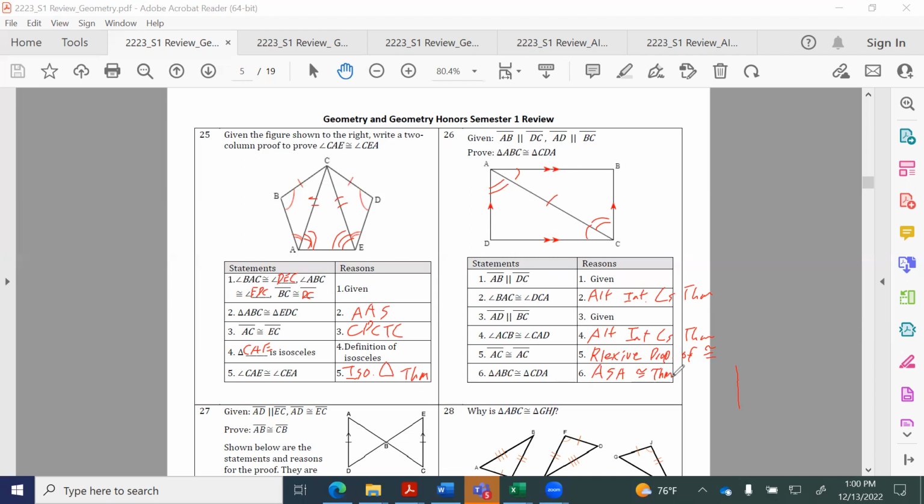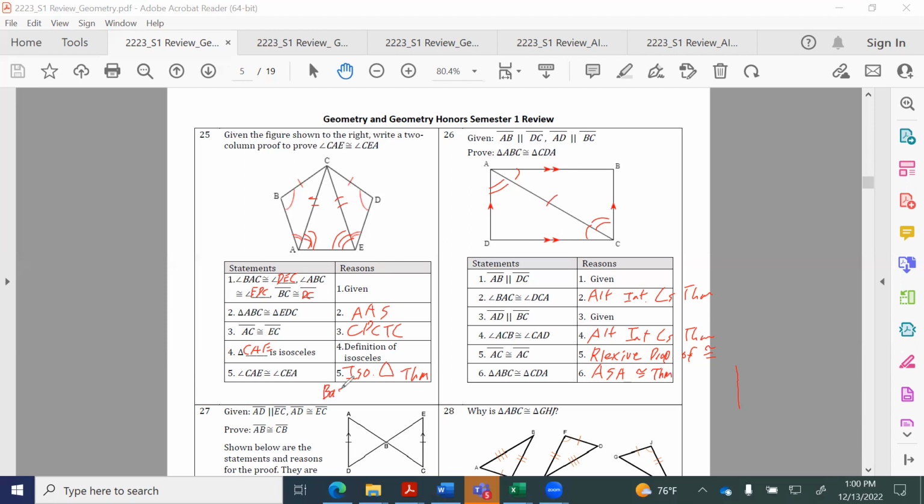Let me go back because there is one that I want to make sure I say something about here. This number 5 over here. This was the one in our textbook that they gave a different name than usual. So again, I don't know which one it's going to be listed as. So I went with isosceles triangle theorem. The other thing that you could see it as is base angle theorem.